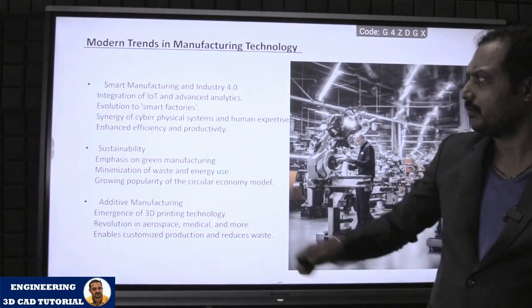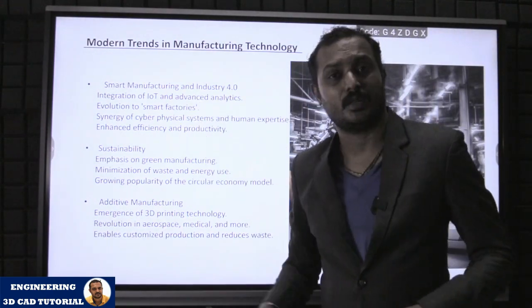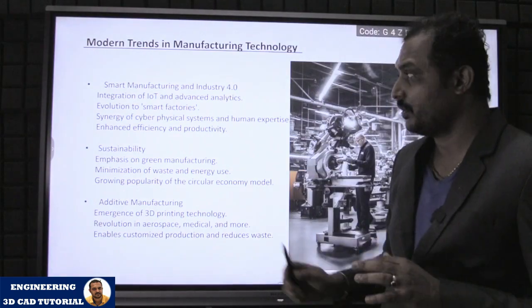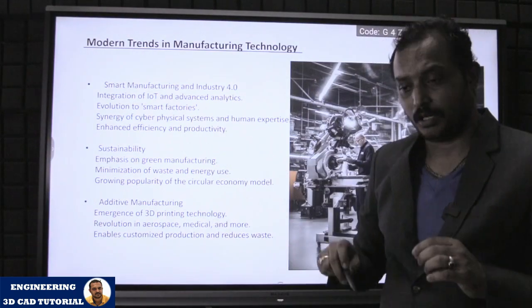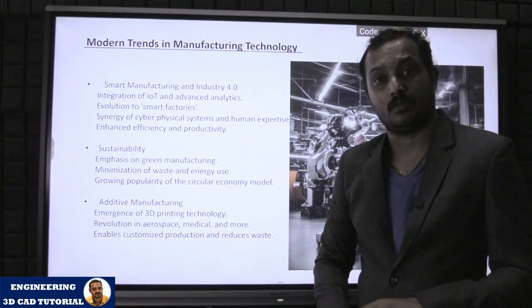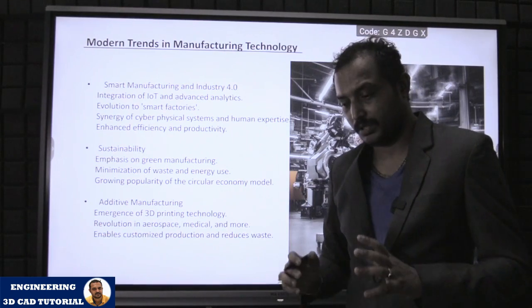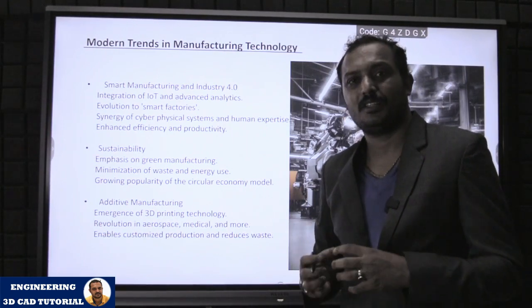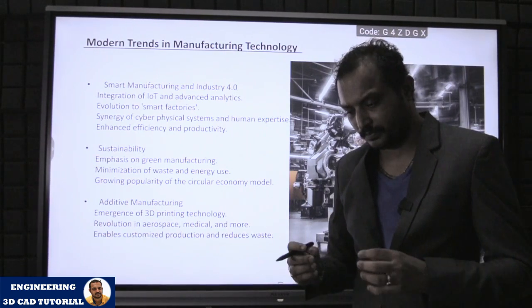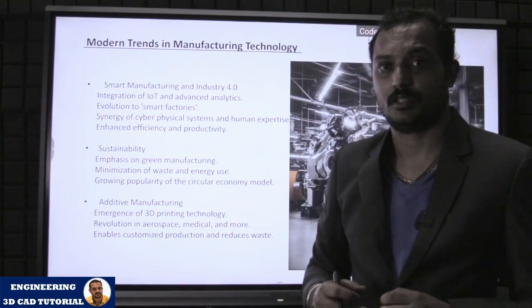See, what is Industry 4.0 or what is smart manufacturing? It's very important to understand in the current situation where AI is ruling the entire world. And what is Industry 4.0? Suppose it is like an integration of one system to another system by using the internet.